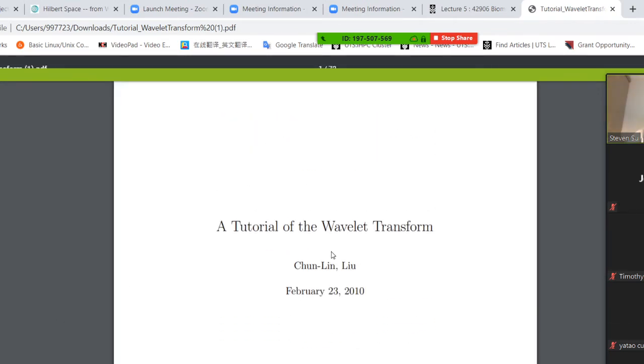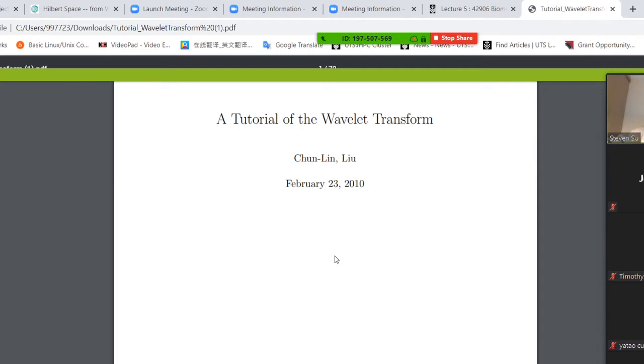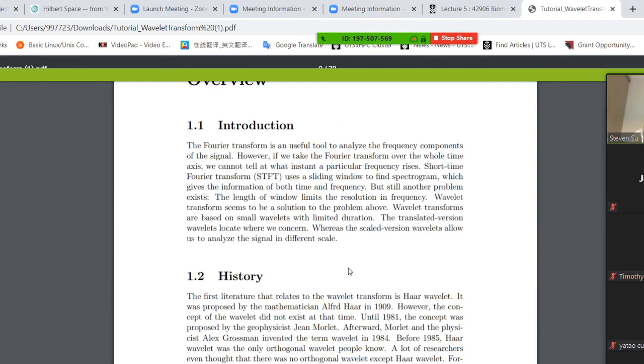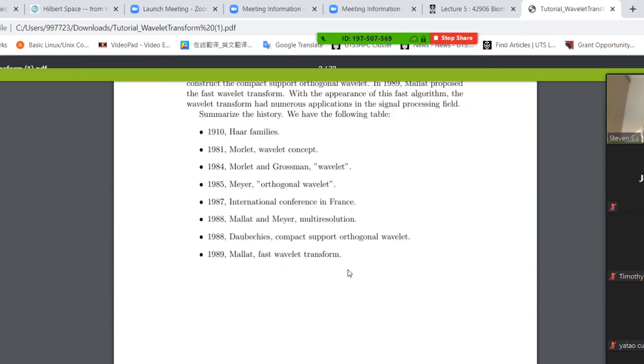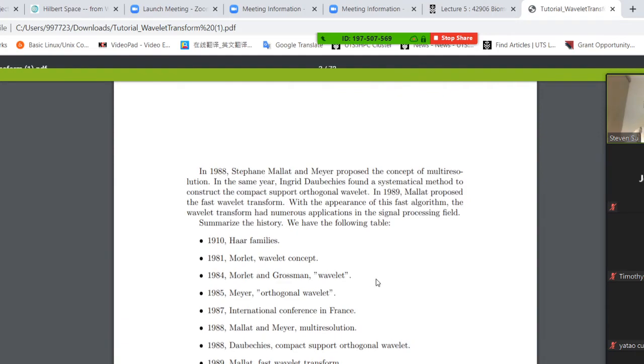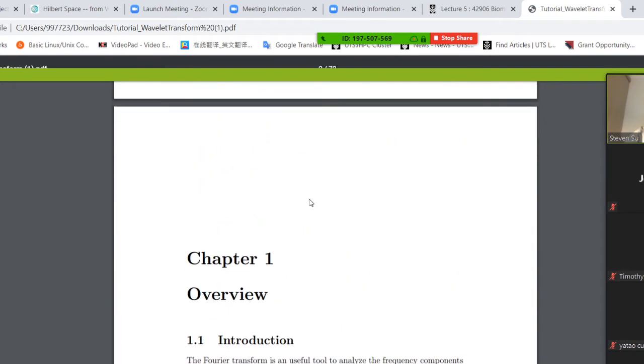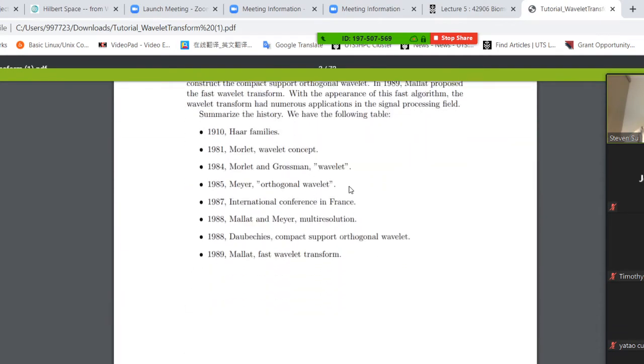So what is a wavelet? There is a history of wavelets. The earliest wavelet is from 1910, more than 100 years ago. It was already developed, but at that time the name was not wavelet yet.